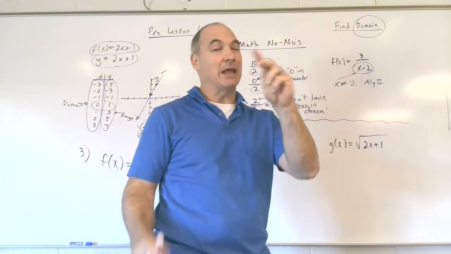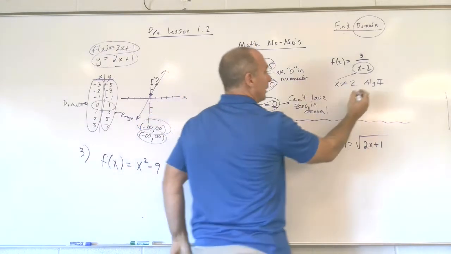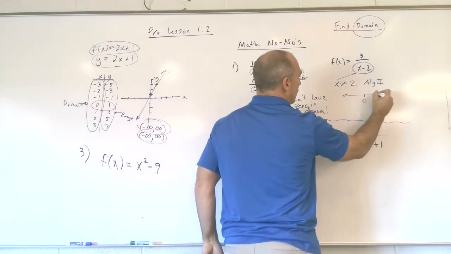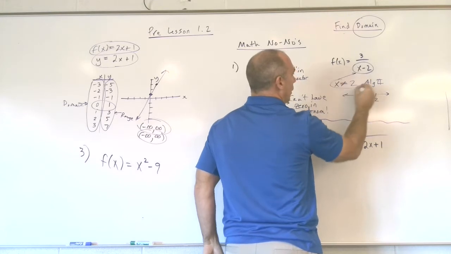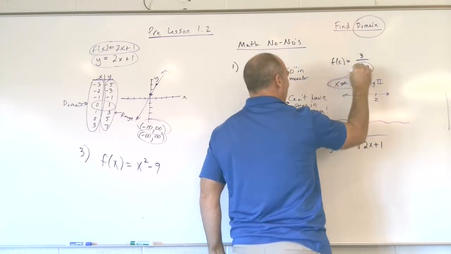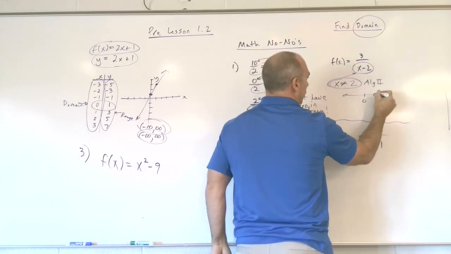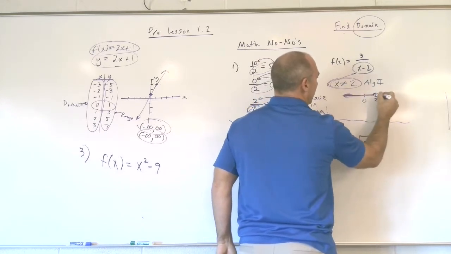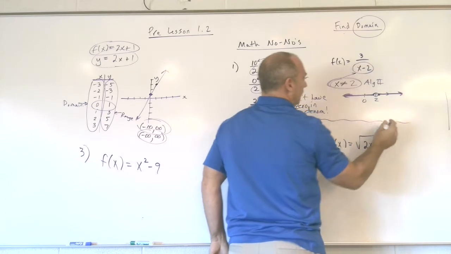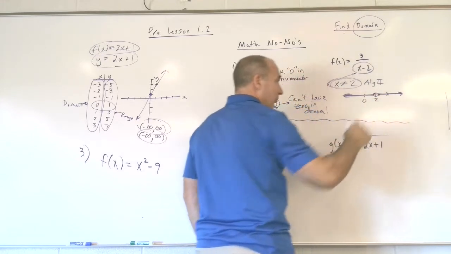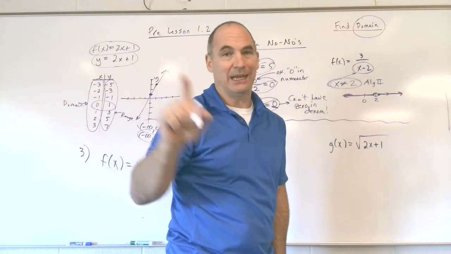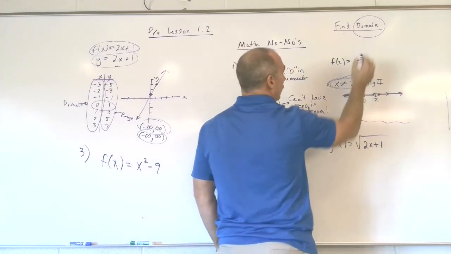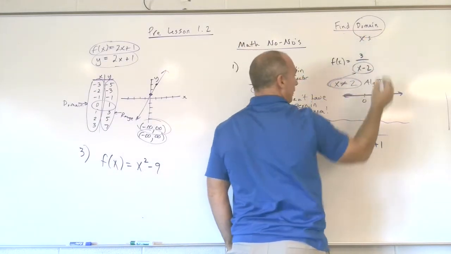In pre-calc, the language changes a little bit, because if we look at a number line, there's my 0, there's my 2. This is the only thing that x can't be. I'd go open circle, and then I'd say, okay, x can be everything to the left and everything to the right. Now that's a visual image of the pre-calc/trig answer. How do we say this? We say, aha, my domain, remember it's my x's?